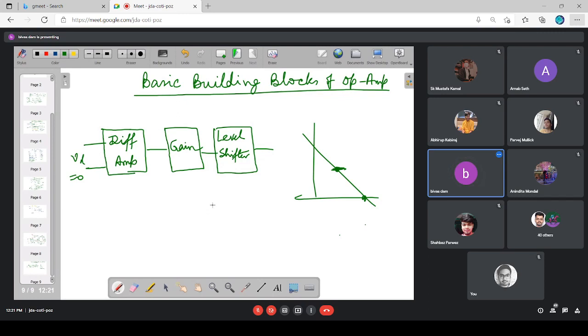But regarding my operational amplifier characteristics, which parameter is it trying to ensure 0? It is nothing but the VIO, input offset voltage. If the output becomes 0 for VD equal to 0, what will be the value of VIO? 0. So basically, this level shifter is trying to ensure 0 output for 0 input difference voltage, or you can also say that it is trying to ensure 0 input offset voltage.